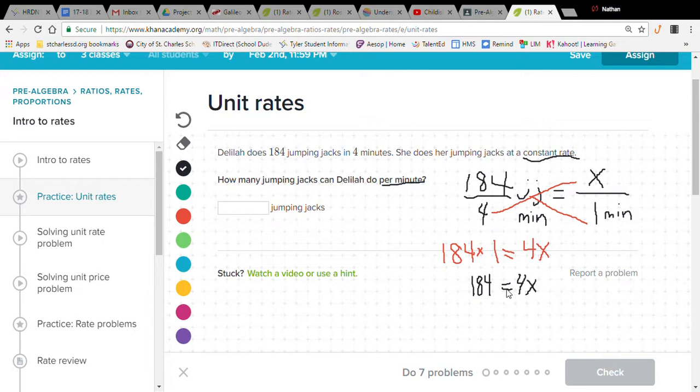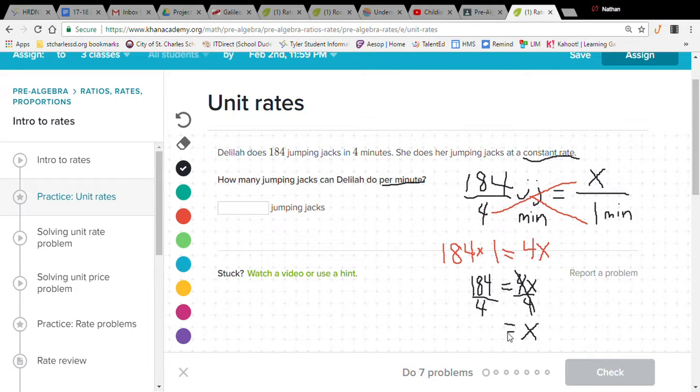Now our next step, you'll recognize this as just a one-step equation. To get x by itself, we're trying to solve for x here. We want to know how many jumping jacks you can do in 1 minute. So to solve for x, we just divide by 4 because that's the opposite of multiplying by 4. Whatever we do to one side, we have to do to the other side. Those cancel out, so we have x on one side.